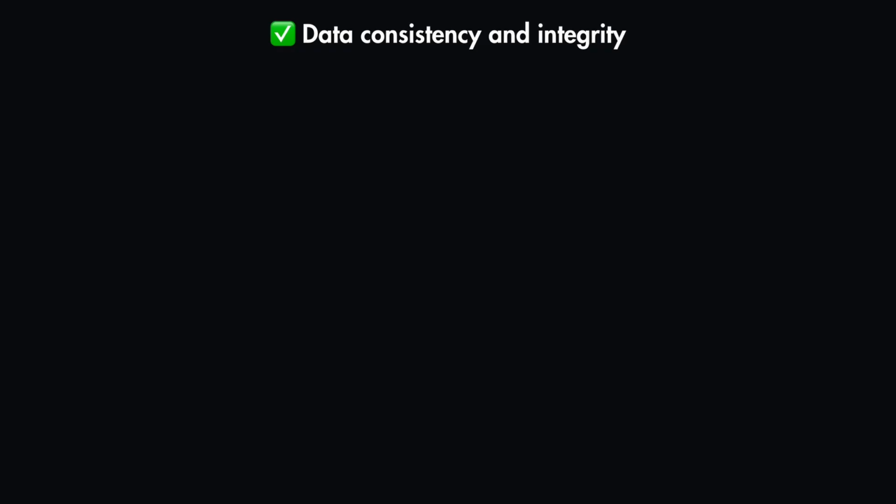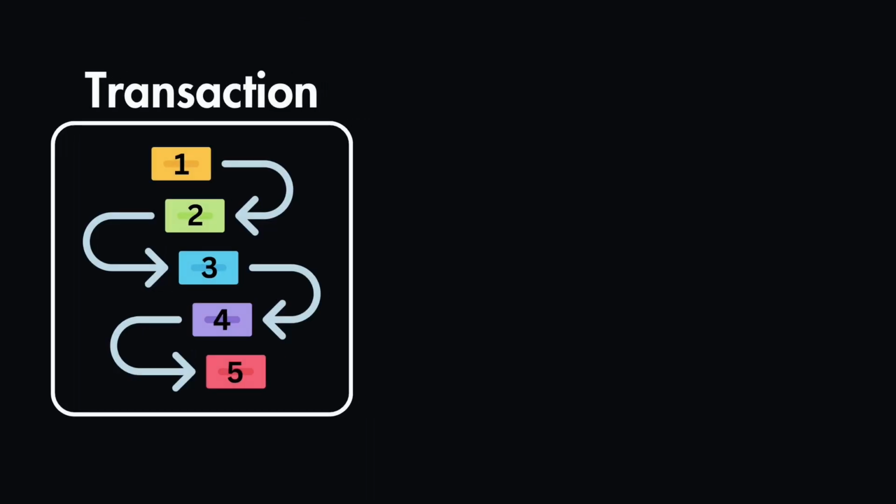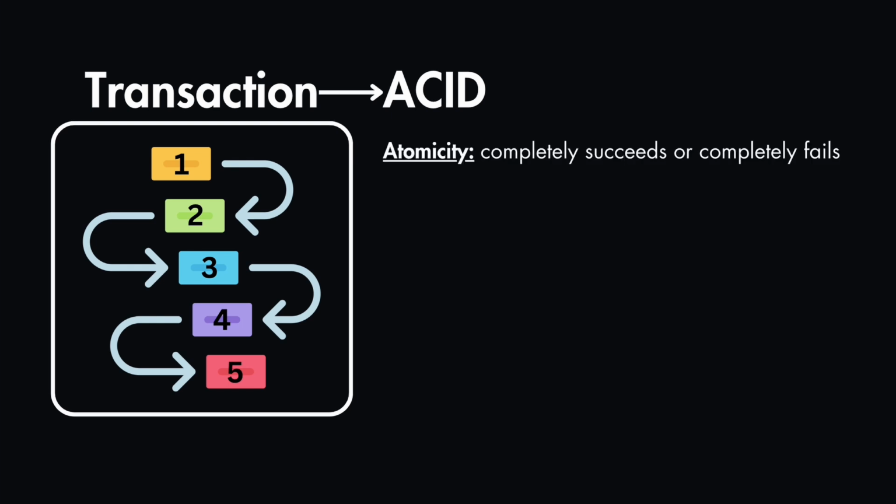And the other big advantage is they provide robust data consistency and integrity, especially for transactions. Transactions in SQL are a sequence of one or more SQL operations that are performed as a single atomic unit, and each transaction in SQL follows the ACID acronym. You can think of a transaction example like a bank transfer. First of all, transactions are atomic, which means that the entire transaction is treated as a single unit, which either completely succeeds or completely fails.